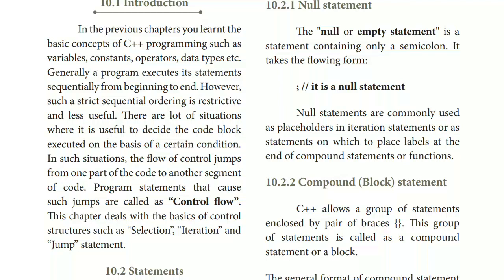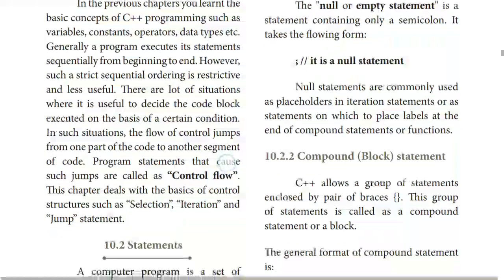It is the statement or set of statements available in C++ that is responsible for skipping some statements and jumping from one part of the program to another, known as jump statements. In this chapter we are going to learn about selection, iteration, and jump statements.